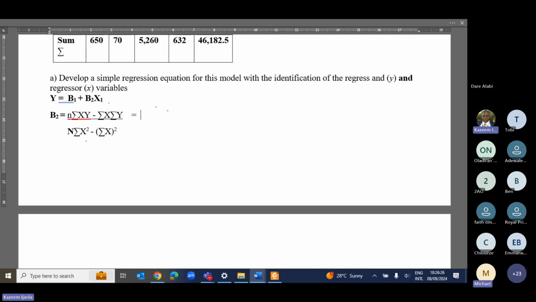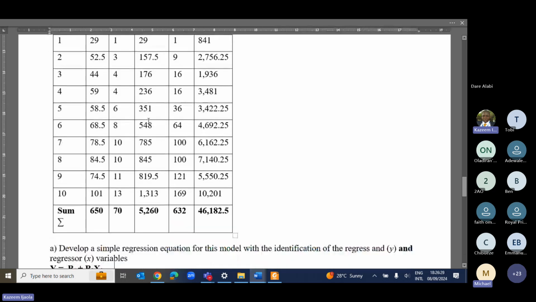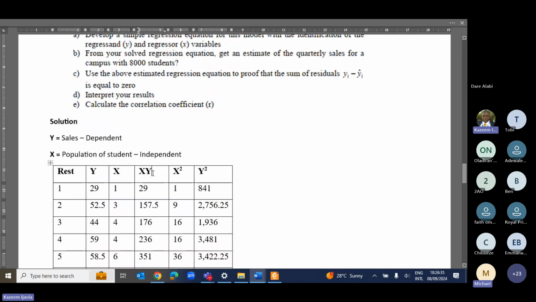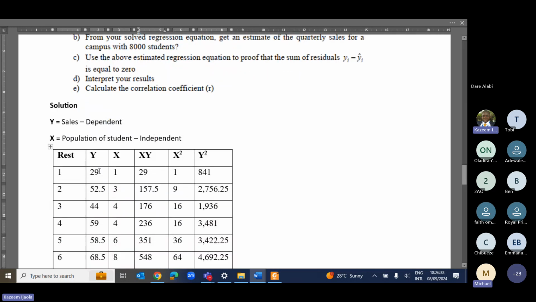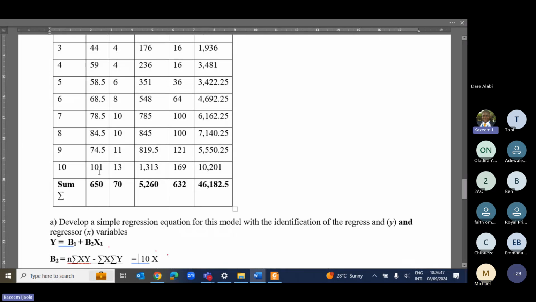So n is 10. We have 10 here. Summation xy: what is our xy? Don't just say xy; you go and add up these two. This is your xy, you have gotten it already. The total of this is your summation xy, which is 5260.